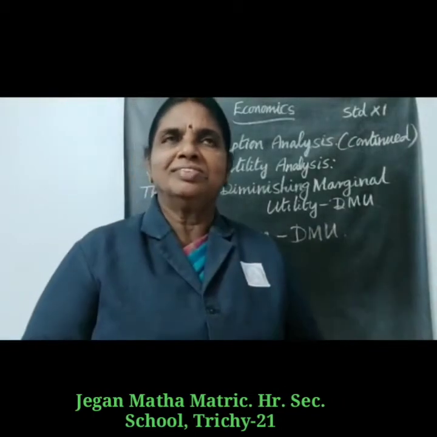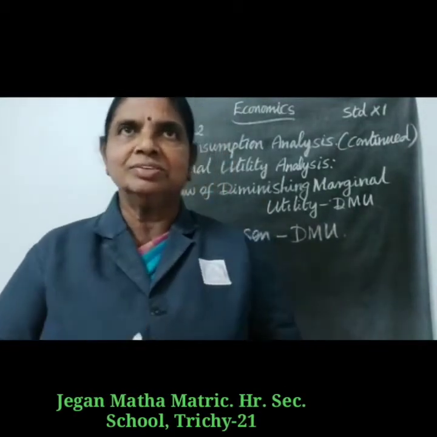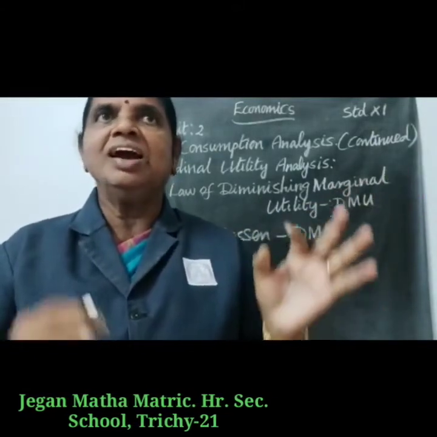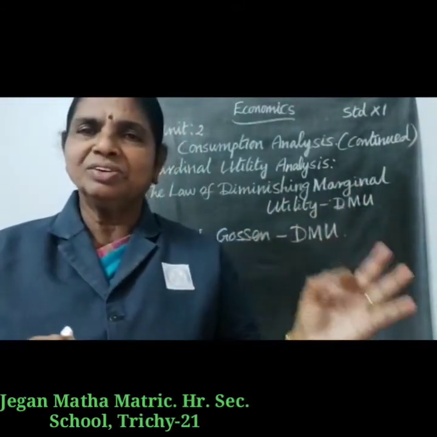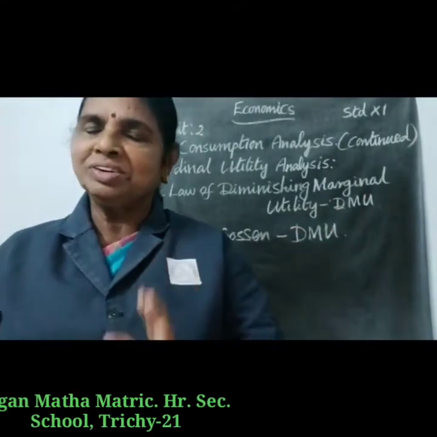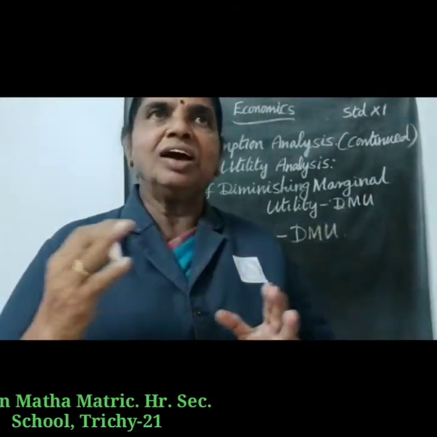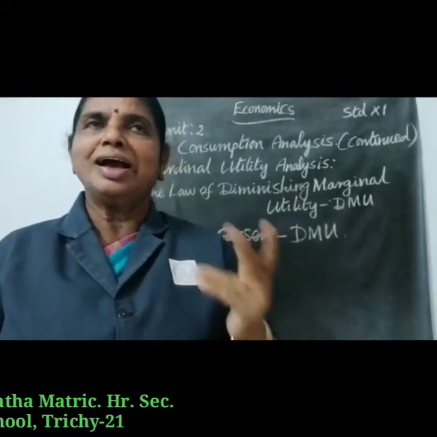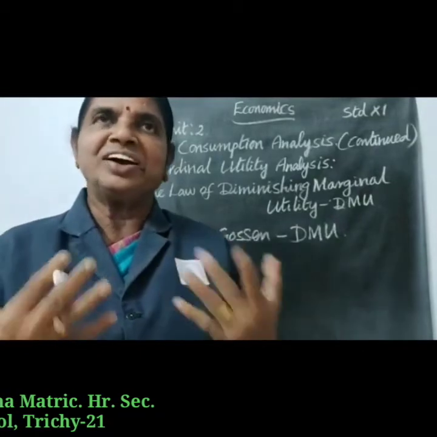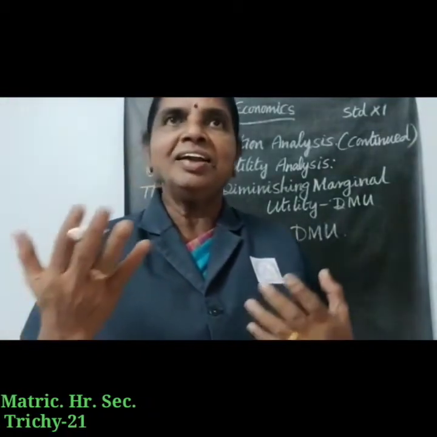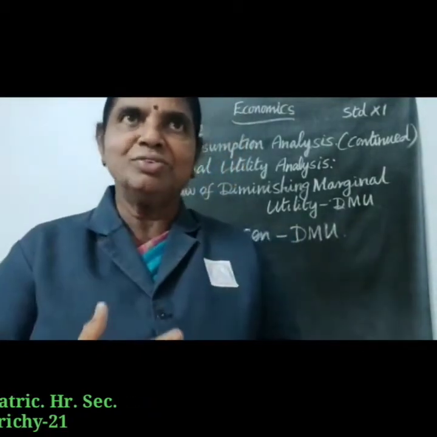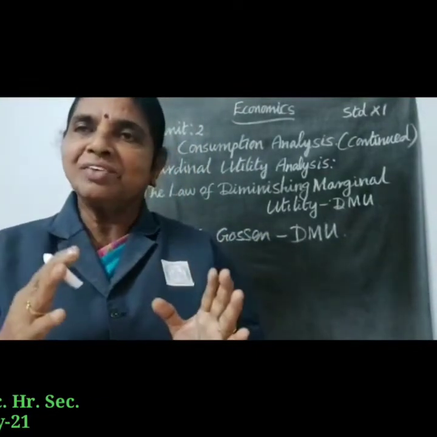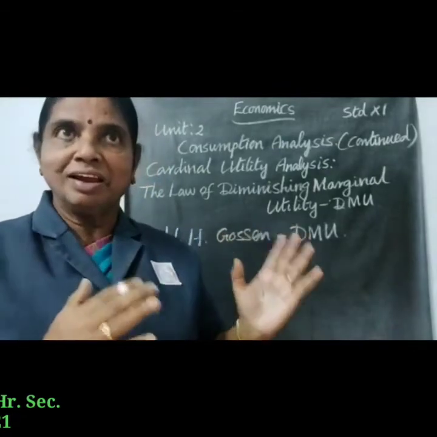The sixth one is the consumption of goods must take place continuously without any break at a given period of time. And the seventh assumption is there should be no change in the taste, habits, preferences, fashions, income and character of the consumer during the process of consumption. So there are 7 assumptions for this law.